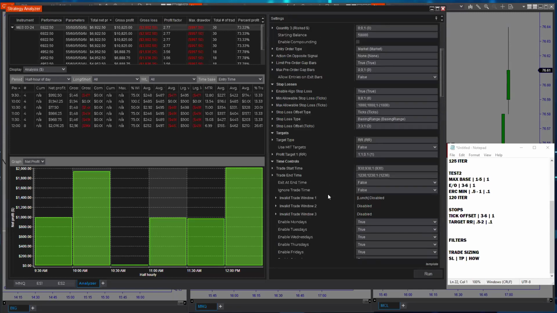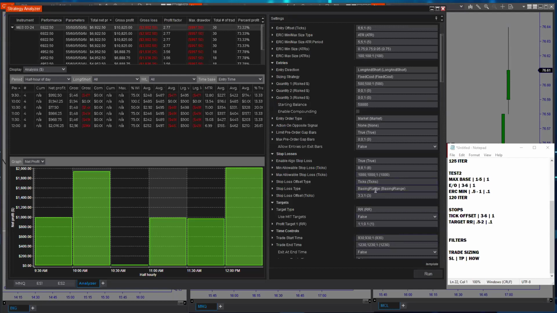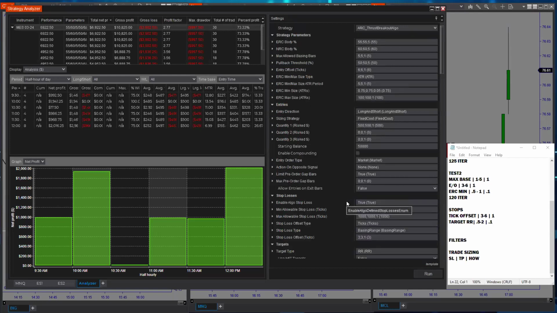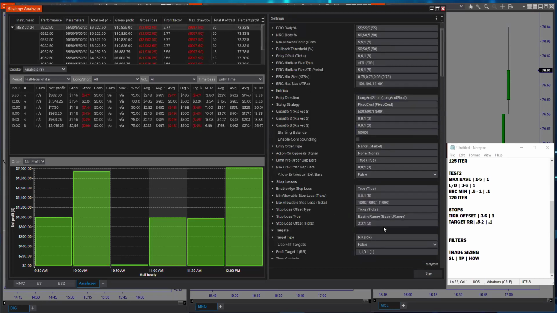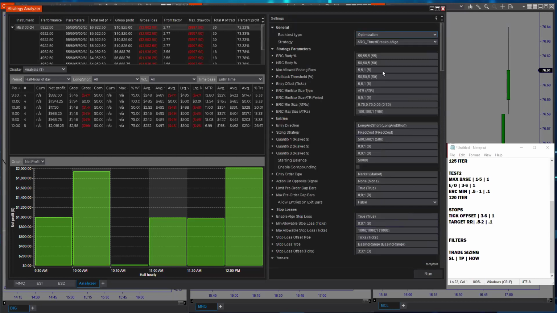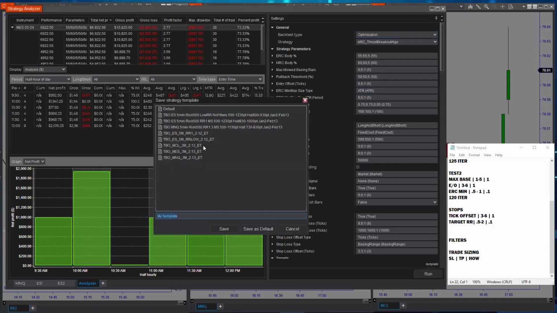False. 930, yep, 1-to-1, 3 offset. Just making sure all these settings are right. Okay, I think we're good. So I'm gonna go to save, and then we're gonna go to MES, and I'll just put 215.